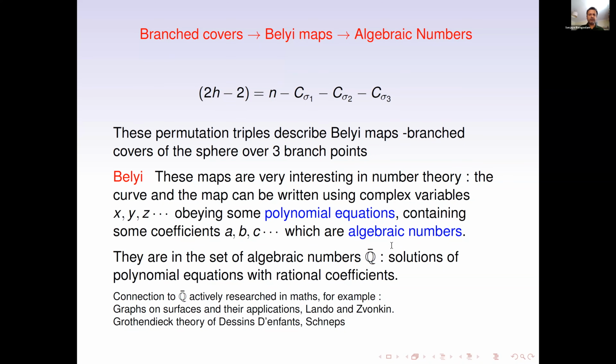And conversely, whenever you have a curve which is defined by some equations like this involving algebraic numbers, it supports a map to the sphere with precisely 3 branch points. So for this reason, these kinds of maps and their combinatorics is very interesting, has been studied in mathematics. They're also called dessins d'enfant, some of the associated combinatorics.